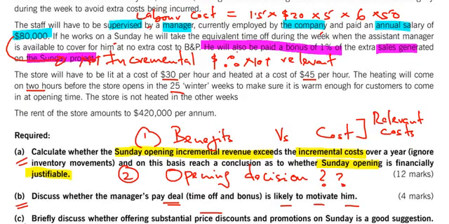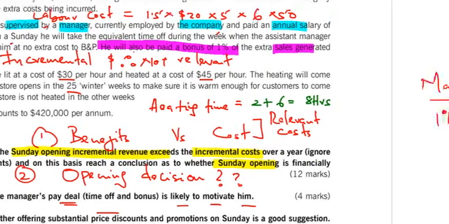So that means the heating time will equal 2 hours plus the original hours, which is equal to 8 hours. Makes sense?